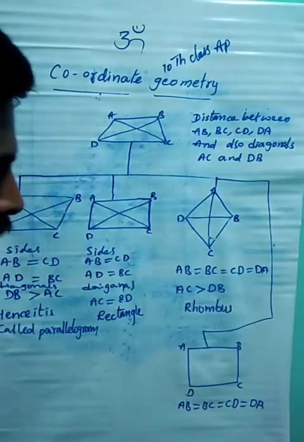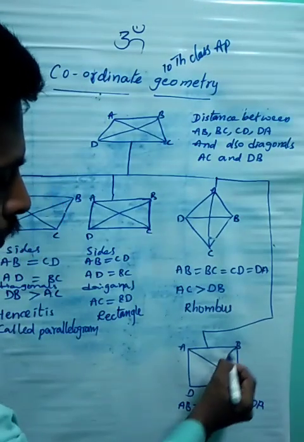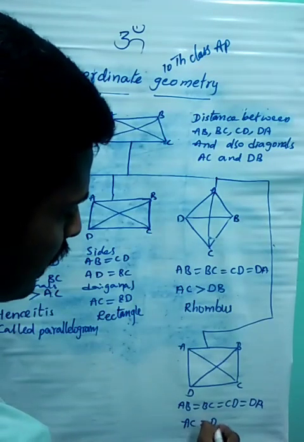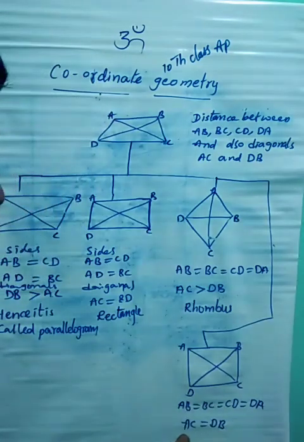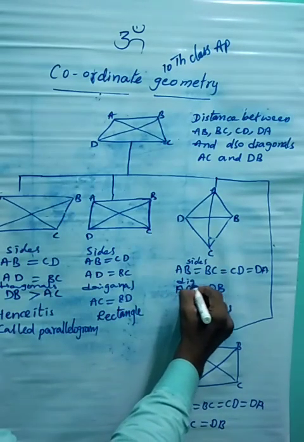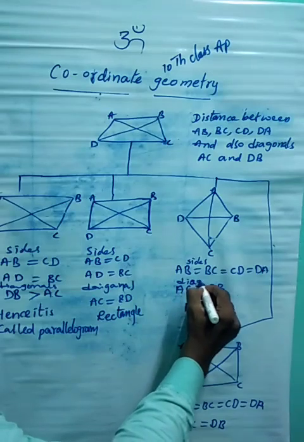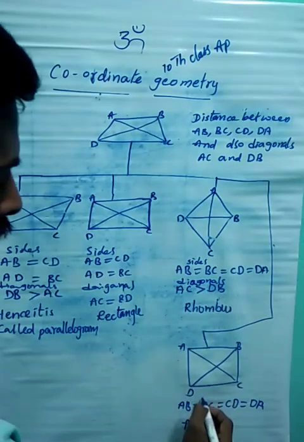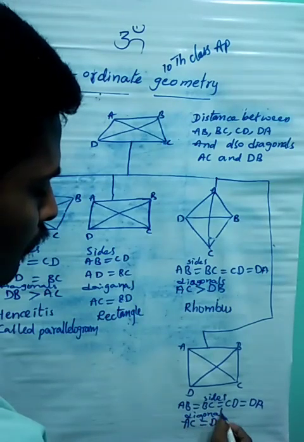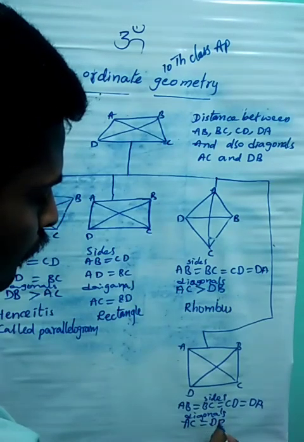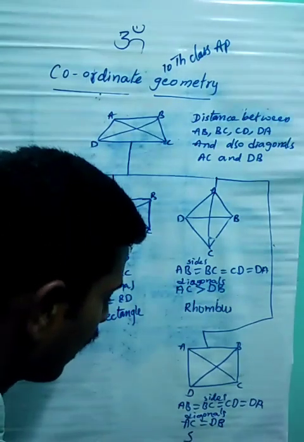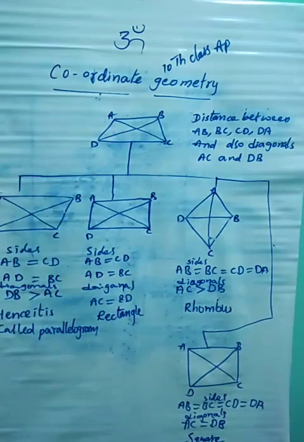All sides equal, and the diagonals AC is equal to DB. So all sides are equal and the diagonals are also equal. It is called a square.